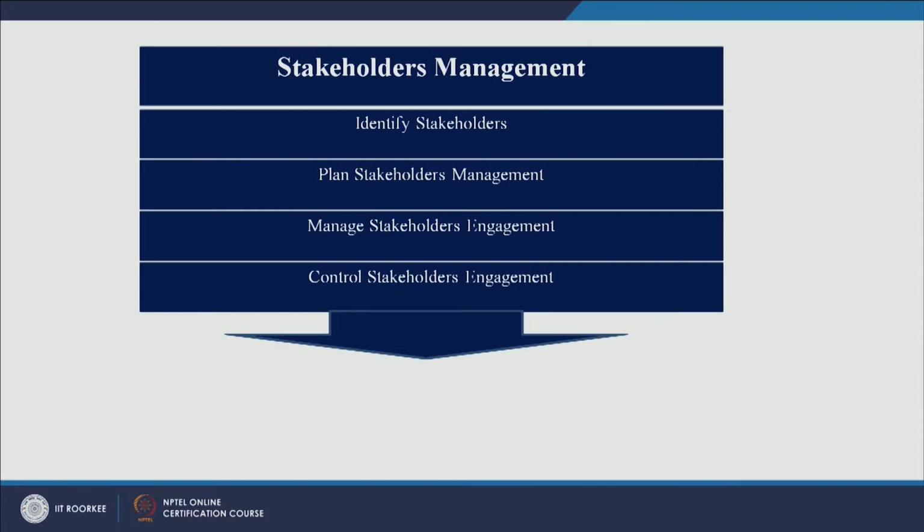You need to talk to each and every stakeholder, because the more you talk, the better you would understand them, and when you understand stakeholders in a better way, you can sail through your project easily. So, you need to engage with stakeholders, and of course, you need to control the stakeholder engagement process.